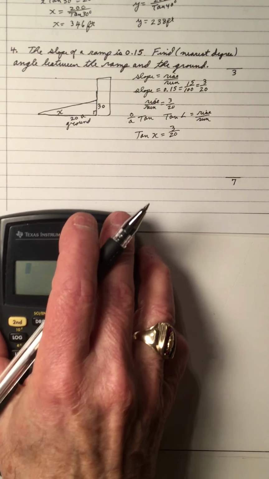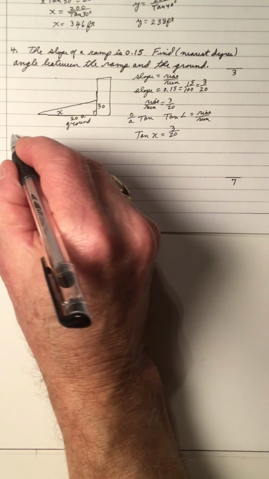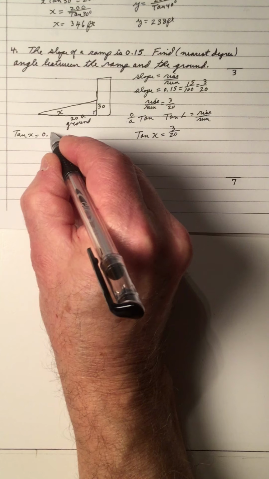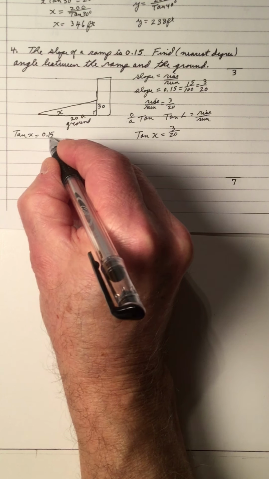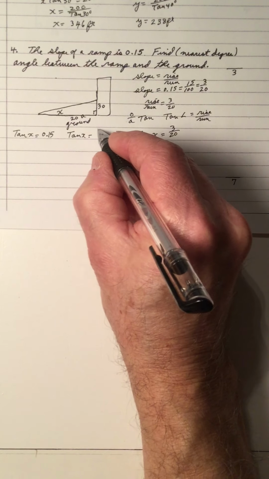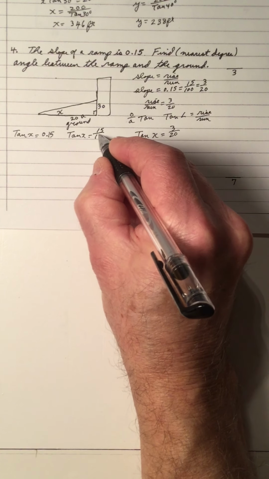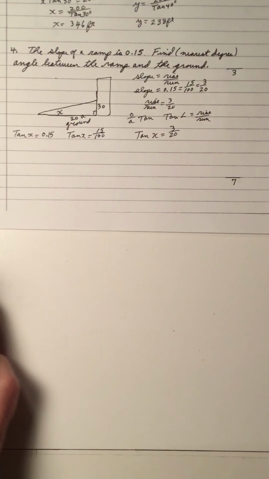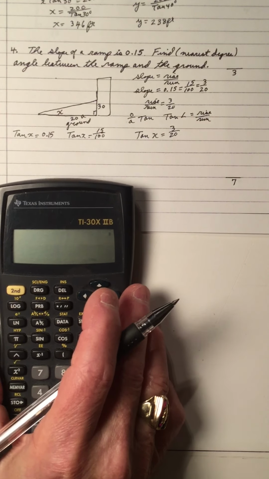Or, let me move my calculator away here now. I could have said the tan of x is 0.15. I could have said the tan of x is 15 over 100. Any one of these will still give you the same answer. So let's go back.